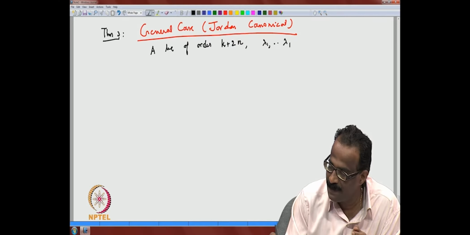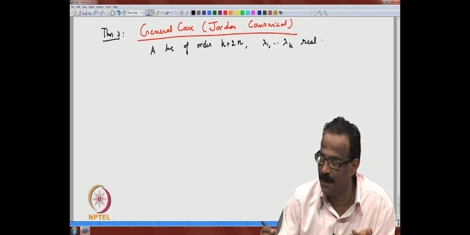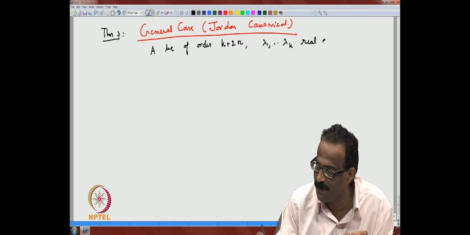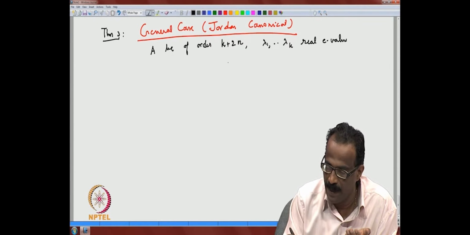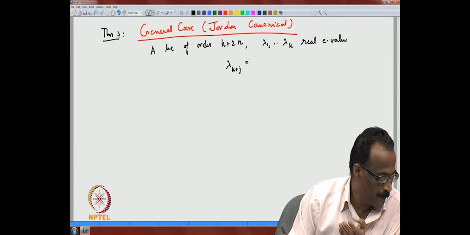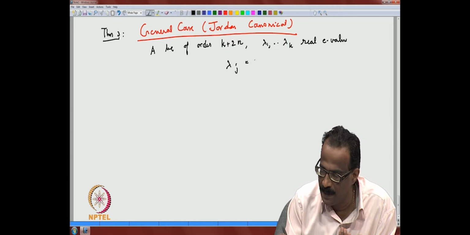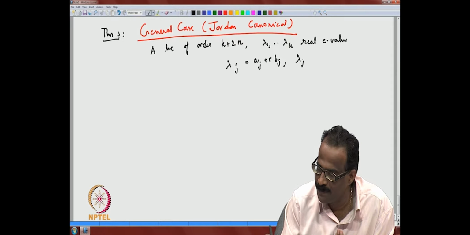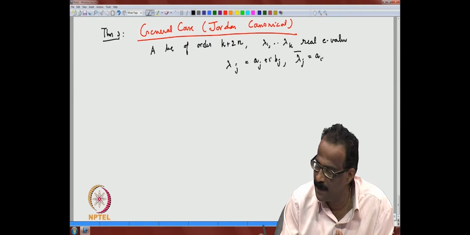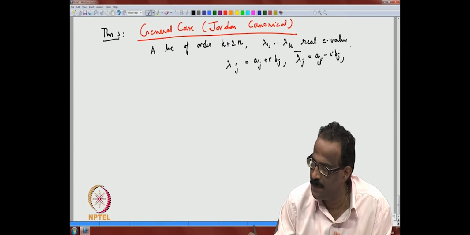Lambda k real eigenvalues. So, you can have any n, you can decompose in the form k plus 2n real eigenvalues. Lambda k plus j, or lambda j itself, you can write as lambda j equal to aj plus ibj, lambda j bar is equal to aj minus ibj, bj not equal to 0.